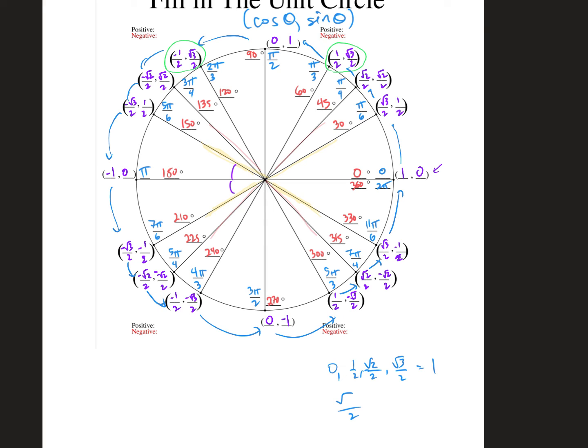And if you look at the values of sine, they do the same thing, except they start at 0, go up to 1, come back to 0, go down to -1, and come back to 0. So putting all these things on the unit circle not only gives us an easy way of remembering when things are positive and negative because they land in the correct quadrants, they also give us a nice way of actually arranging the values on the circle so we can put them in the right spot.